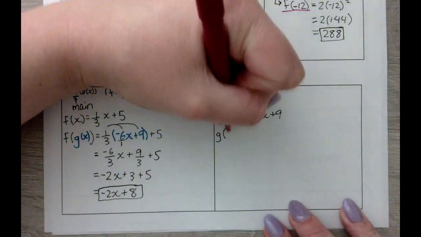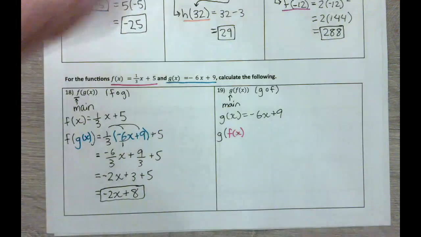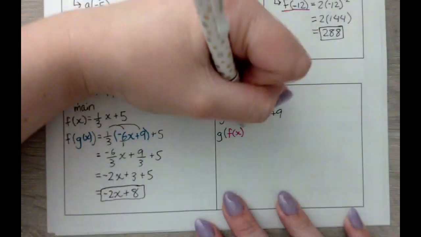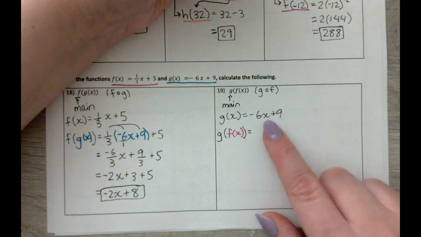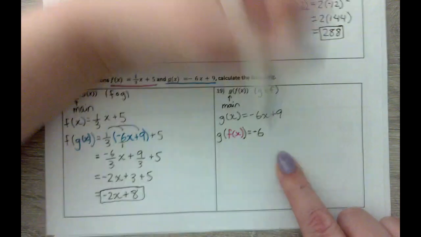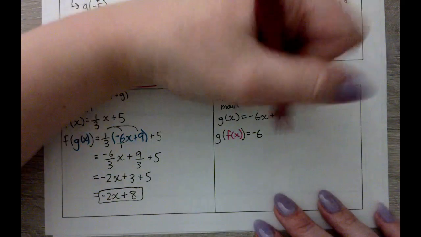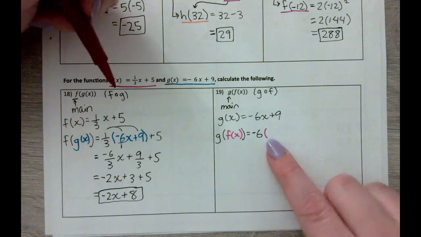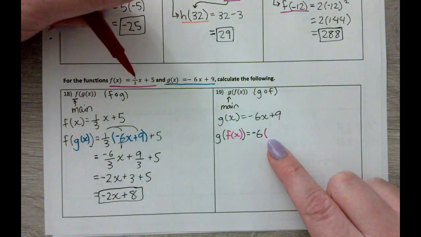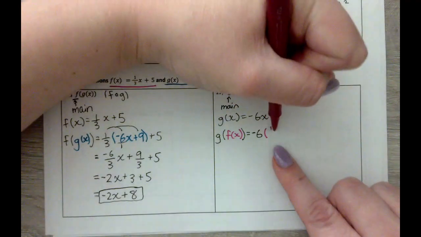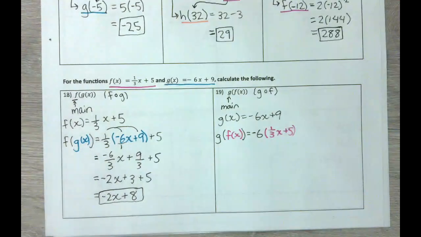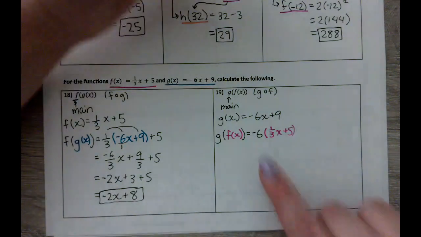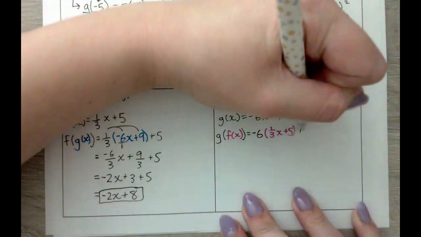So g of f of x, my pink function, equals, and then follow g till you get to this x, -6. Now I'm going to switch over and replace this with the f of x function, 1/3 x plus 5. And then I continue, plus 9.